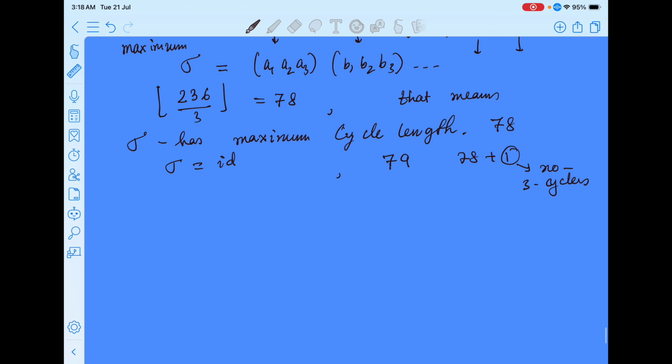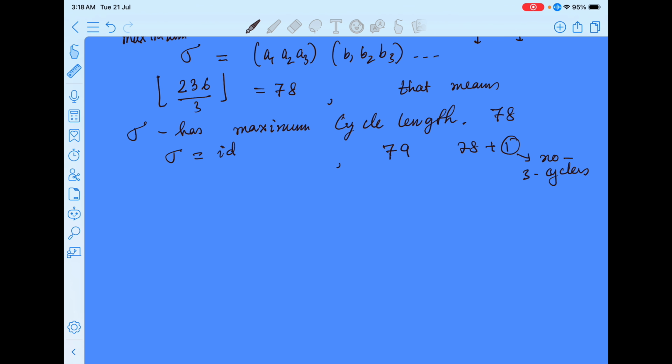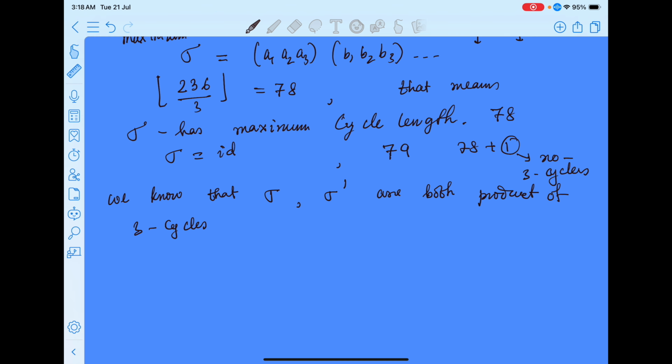Okay, now we know that, let's say sigma and sigma prime are both products of 3-cycles of the same number.